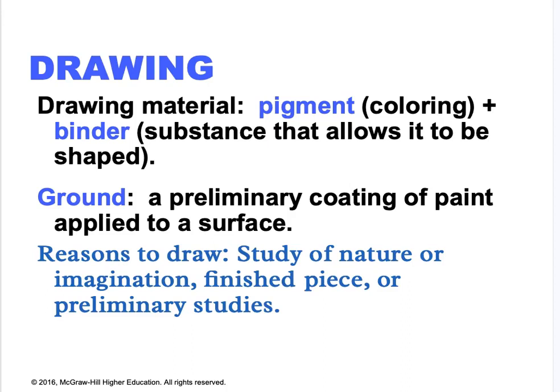So drawing materials are very basically a pigment, like a colorant, plus a binder. And binders are the substance that allows it to be shaped. So pigment, again, is just what color the material is. And pigments are things that have been discovered and used since the cave paintings that we looked at long ago in chapter 1.